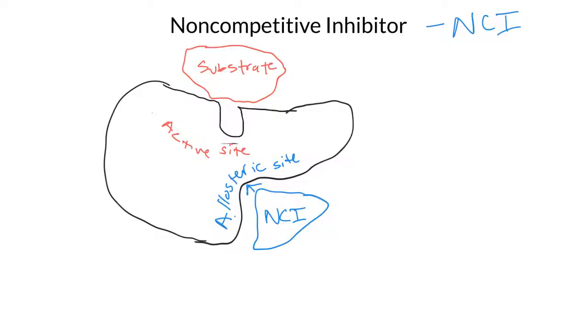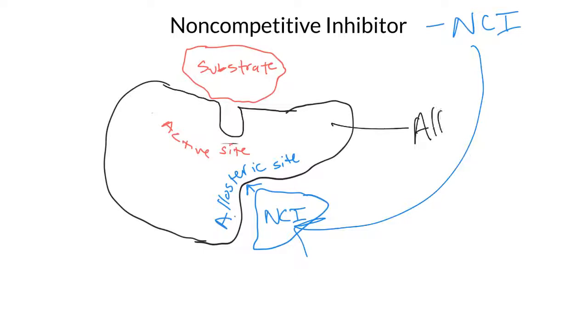The non-competitive inhibitor binding to the allosteric site changes the enzyme so the active site is now no longer able to bind to the substrate. Okay, so this still is an allosteric enzyme.